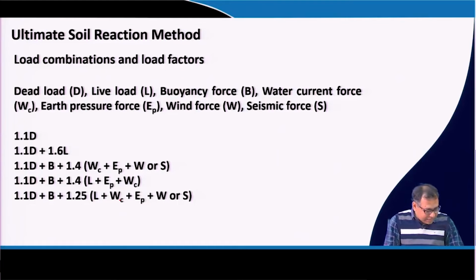That is the reduced probability of occurrence of maximum live load when wind or seismic load is acting. So, a lower load factor is suggested. But for the buoyancy, the load factor is taken as 1, because the reduction in the density of the submerged masses is more or less constant.